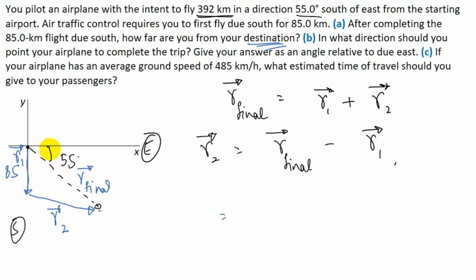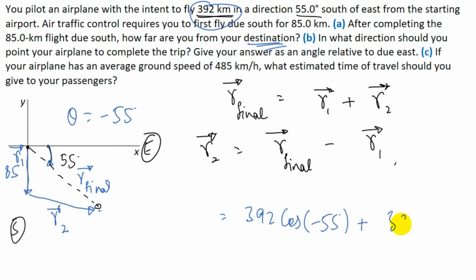This angle is 55 degrees and this is in the clockwise direction, so actually we can take theta to be minus 55 degrees, because we are measuring in the clockwise direction. So R final, we have magnitude 392. So this should be 392 cosine minus 55 degrees plus 392 sine minus 55 degrees.